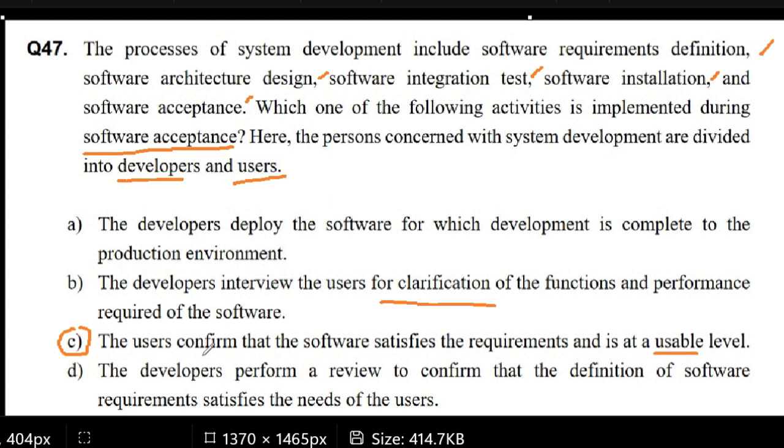Okay, there's another letter which is letter D, and it's saying that the developers perform a review to confirm that the definition of the software requirements satisfies the needs of the users. It's kind of similar also because it's about the software requirements, are they being satisfied or not? And so B, C, and D seem to be very related, but we have keywords like the definition of software requirements.